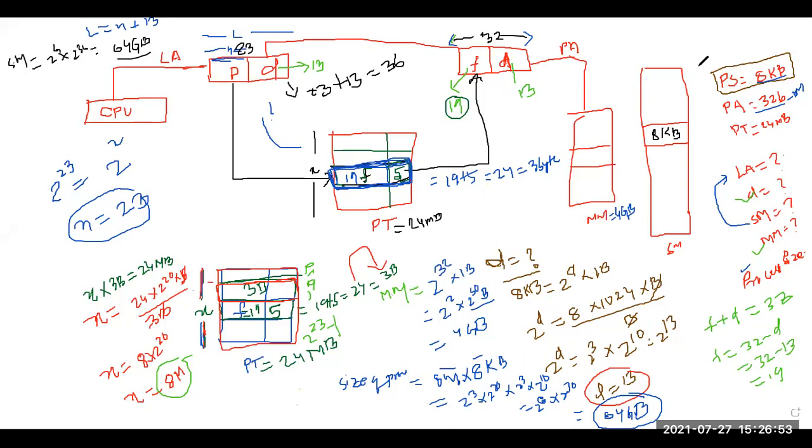Sir, here in the logical address the value of n is 23, so this will be p plus d, right? It will not be equal to p plus d, d is different. L is p plus d. P is representing the total number of pages. So we will use 23 bits. How many different pages are possible? It is 2 to the power of 23 pages, which is nothing but this x value of the page table, because all these pages will be represented here: page 0, page 1, page 2, page 3, all the pages will be there.